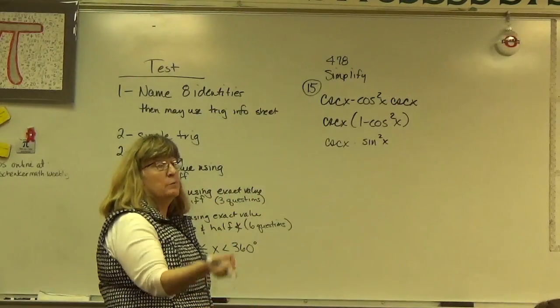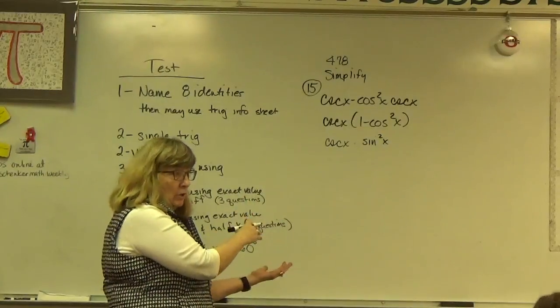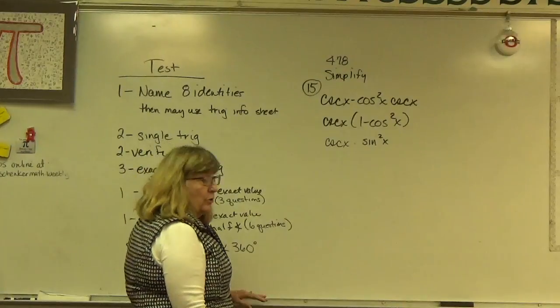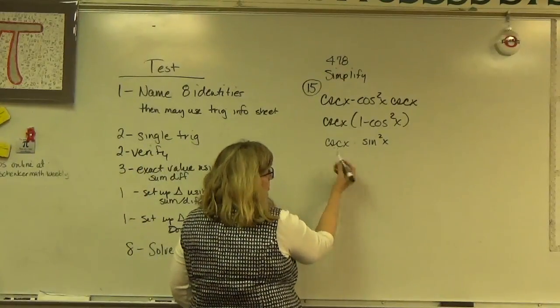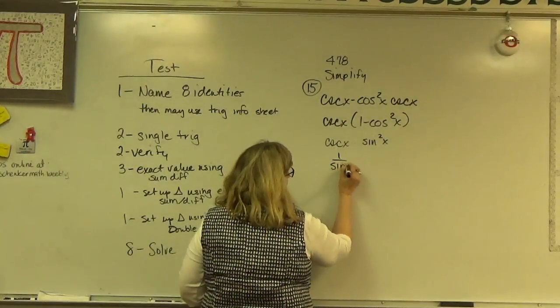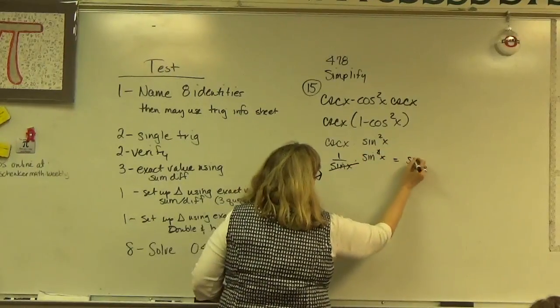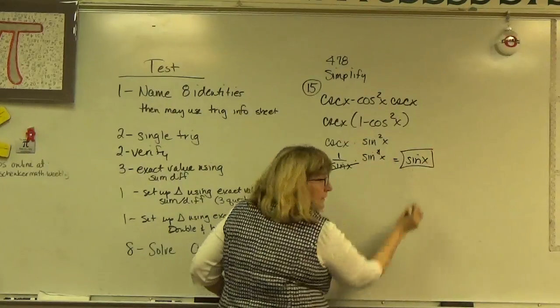So that means if you made a mistake, even though I'll count it wrong on the 8 identities, you'd be using the correct ones when you're doing the problems. So this would change to... and that would be a single trig.